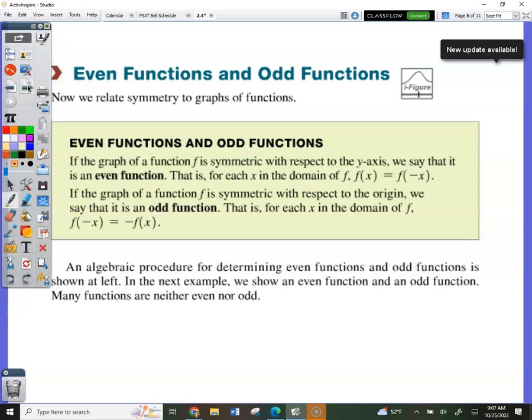Now we're going to look at what word has changed. We're now looking at functions. We're no longer just talking about y equals something. Now we're talking about f of x. So where we used to have a y, now we have f of x. And it's passing the, remember what it's called? Vertical line test.